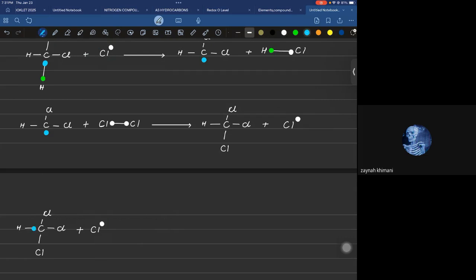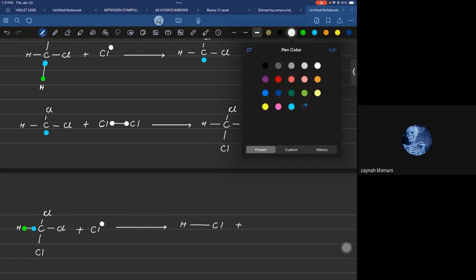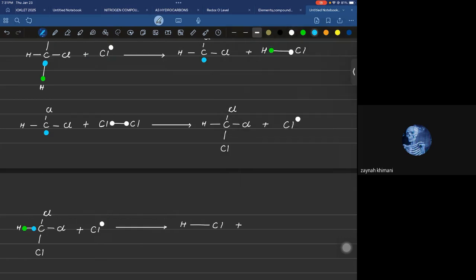This is an electron of carbon, this is an electron of hydrogen. Okay, and then what you're supposed to do, HCl would be formed again, plus this is an electron of hydrogen, this is an electron of chlorine.